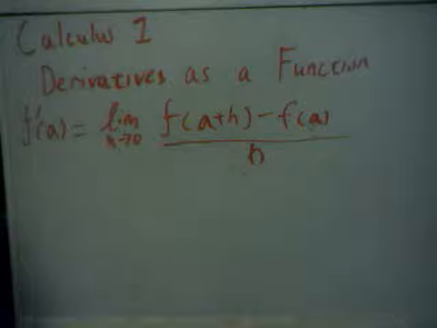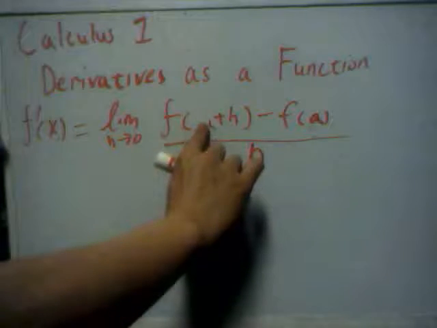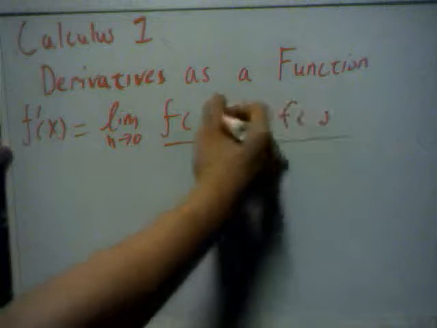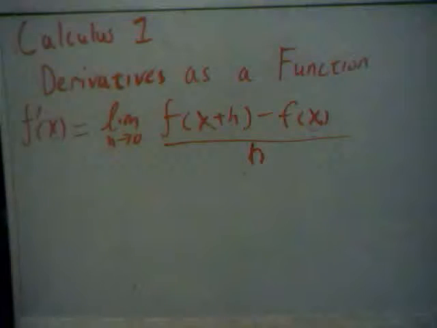Now, how I'm going to show this is I'm going to replace the a with the letter x. And of course, over here, replace the same thing. Now, you're probably asking, well, what was the point of that? Because all I did was replace one letter with another letter.